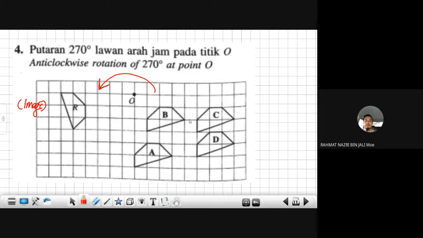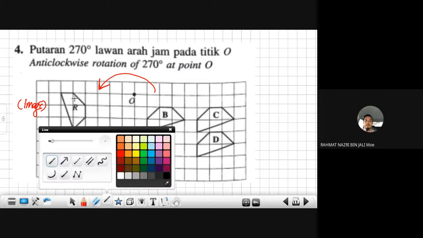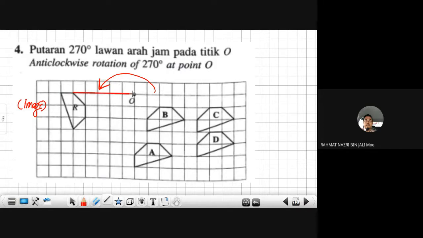So which one is the correct object to the image? So let me find out the distance. From this over this is how far? 1, 2, 3, 4, 5. Okay, 5 distance. So we're gonna find out the object to the image of this corner, 5 units from the center of rotation.